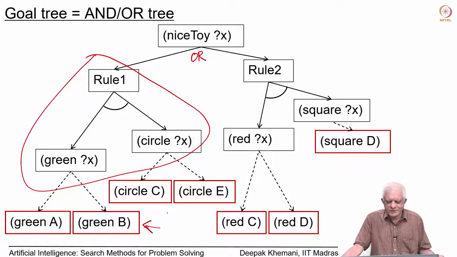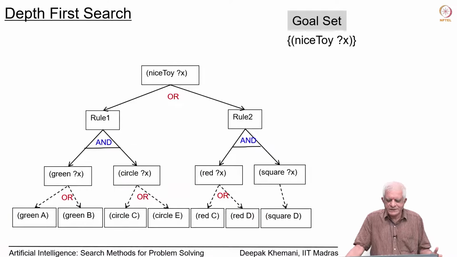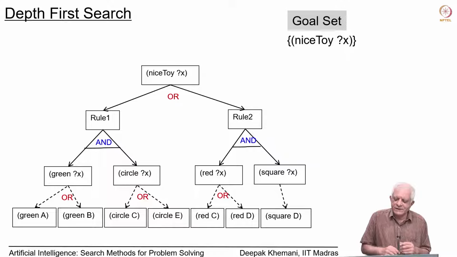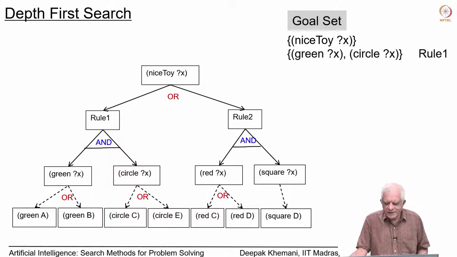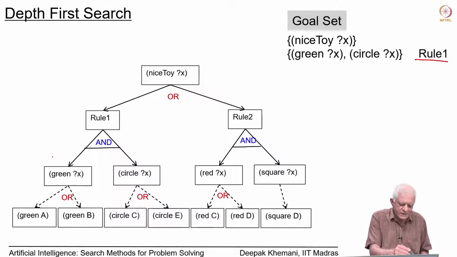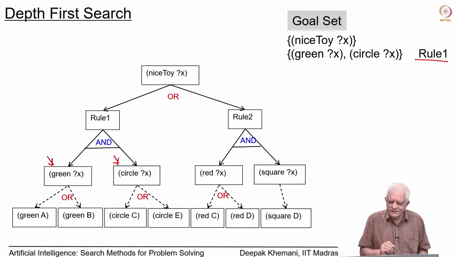And we have seen the process that the way it goes about doing that is to maintain a set of goals. So, what is the goal that we talked about? That is, is there a nice toy in our knowledge base, and this is the same goal tree which is drawn again here. We start off with one goal in the goal set which is nice toy x, and it is reduced using rule 1 to two goals which say look for a green x which is also a circle essentially.